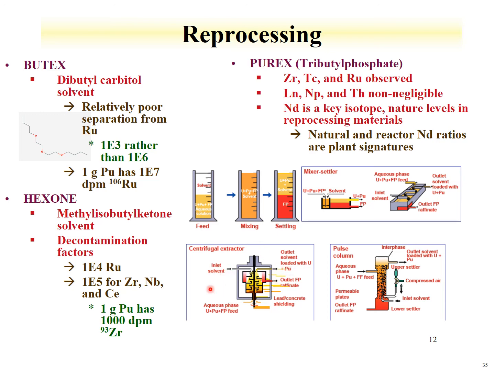The materials are mixed, separated in the contactor, and then the solvent is loaded with your target material; for instance, if it was a Purex process, the uranium and plutonium would be going into the organic phase. Or a pulsed column, where an aqueous phase is fed into the top and migrates down to the bottom of an organic-containing column. The separation occurs during the migration down, and then one could pull off the organic phase, which is then loaded with, in this case of the Purex process, uranium and plutonium.